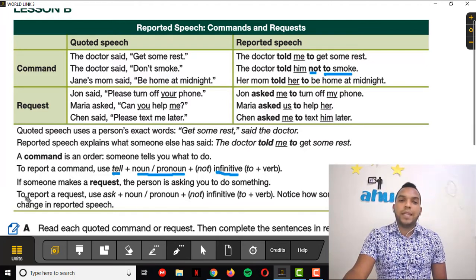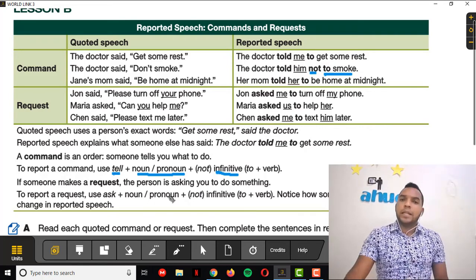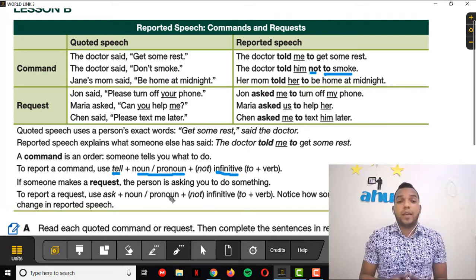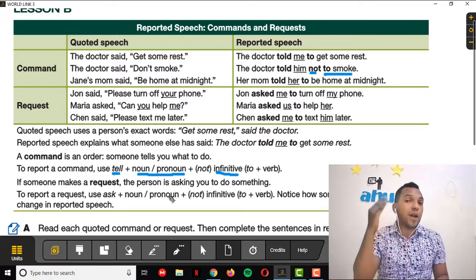All right, so if someone makes a request, what exactly is that, a request? So, simple as that. In the request, the person is asking you to do something. They are just asking, not commanding, okay, or giving you a direction.